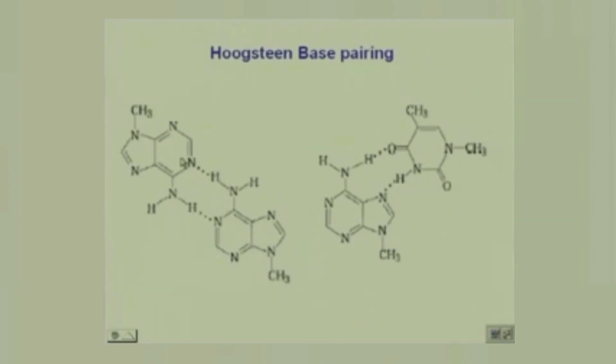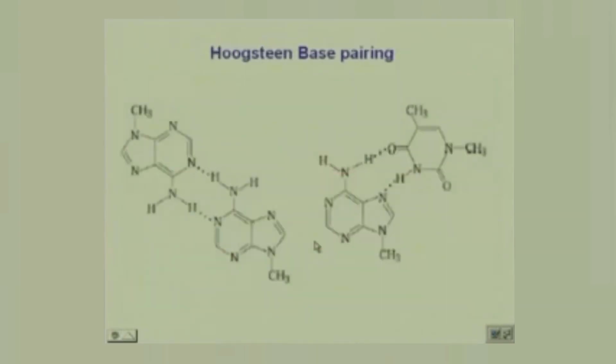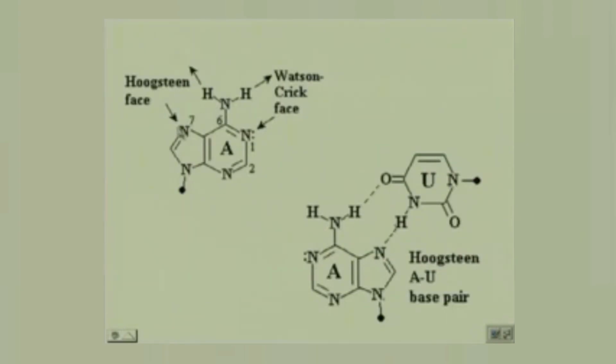We have 2 purines linked together, where in the normal case, in a Watson-Crick case, you would always have a purine linked with a pyrimidine. Here again we have a purine linked with a pyrimidine, and if you notice, what we see is this 6-membered ring of adenine is involved in the Watson-Crick base pairing, whereas in the Hoogsteen pairing we have the one nitrogen of the 5-membered ring also take part in the hydrogen bonding between another base.